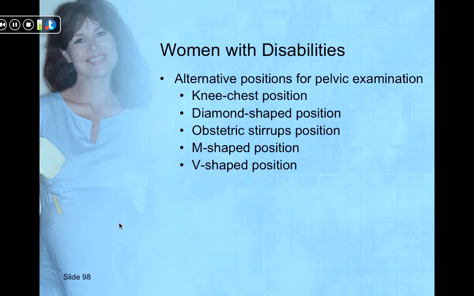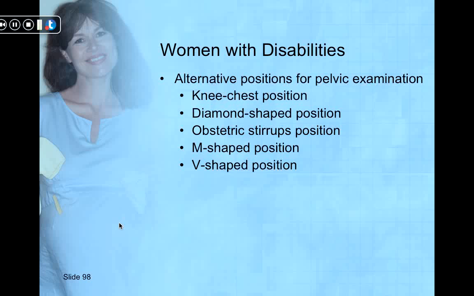Sometimes we'll have patients, we still need to do this exam, but we have to make modifications. I've had to do exams on people who have maybe paralysis on one side of their body and aren't able to get in the lithotomy position. I've had a patient who is sexually active and needs screening for things, and she has cerebral palsy and isn't able to do lithotomy positions.